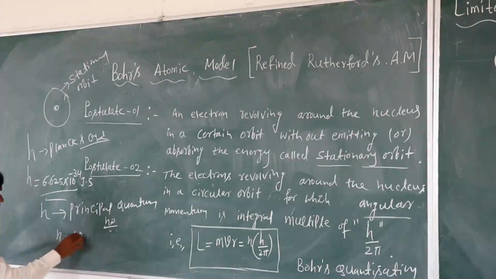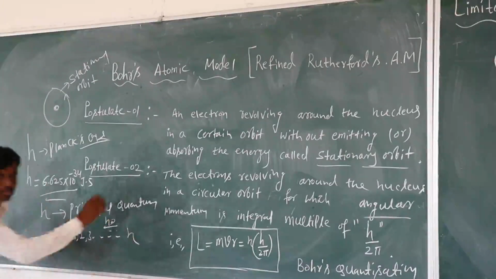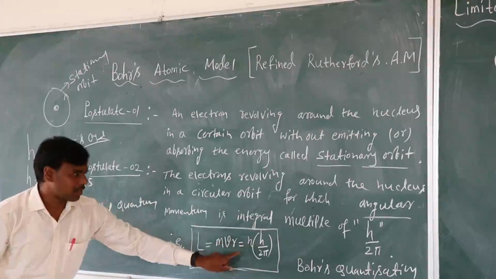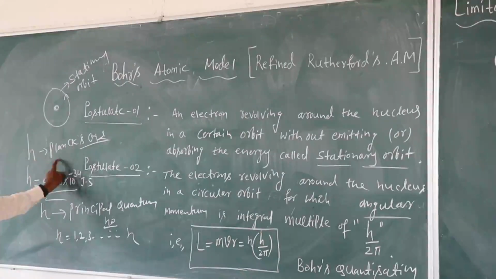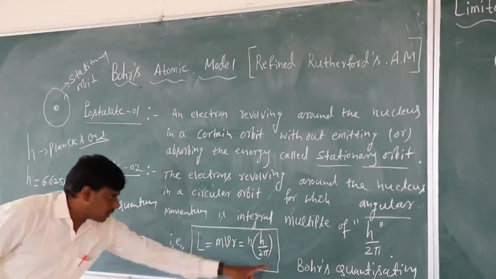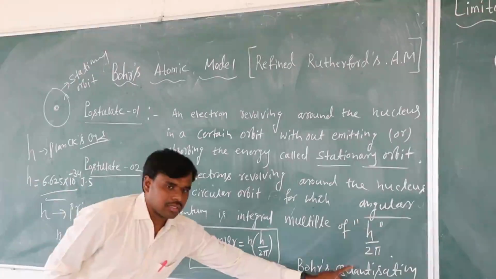It takes the values 1, 2, 3, and so on up to n, where n is an integer, h is Planck's constant, and 2 pi is a constant. This is also called Bohr's quantization rule.